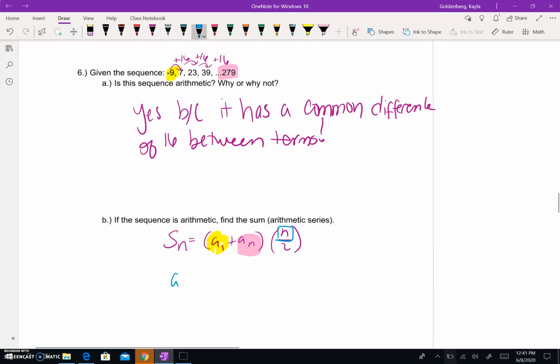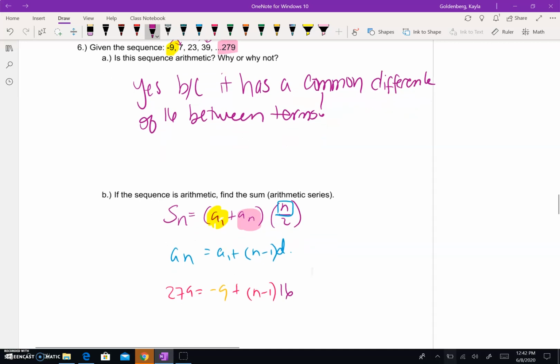You might be thinking at this point we have a second formula that we have at our disposal. So here's our term formula. If I set this equal to 279, I know my first term is -9, and then I've got plus n minus 1 times my common difference of 16.